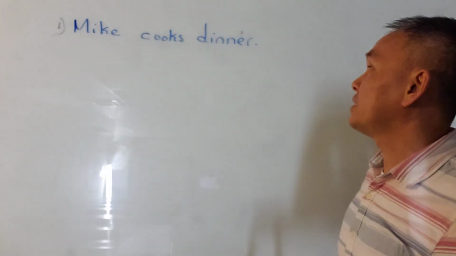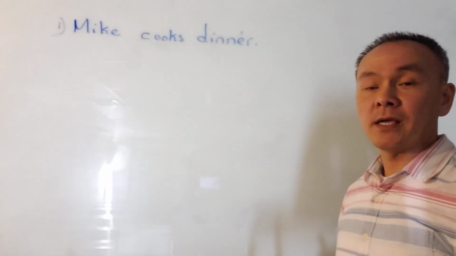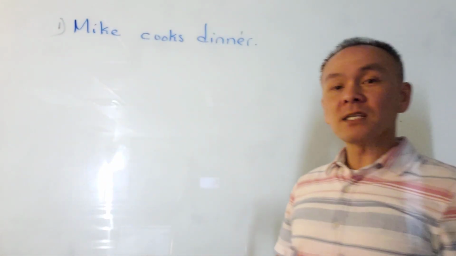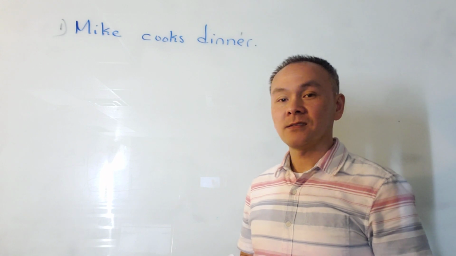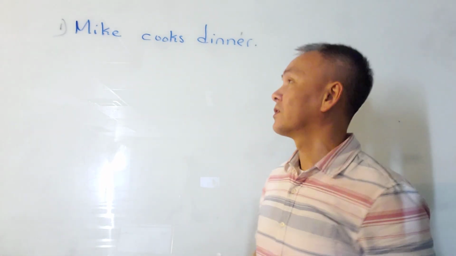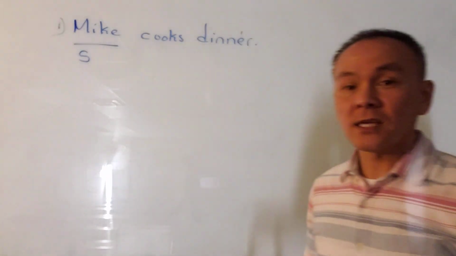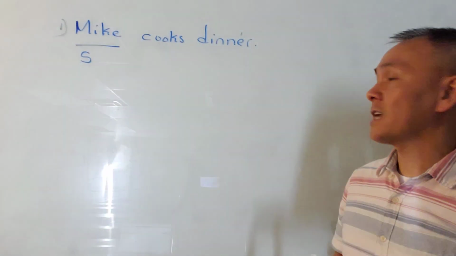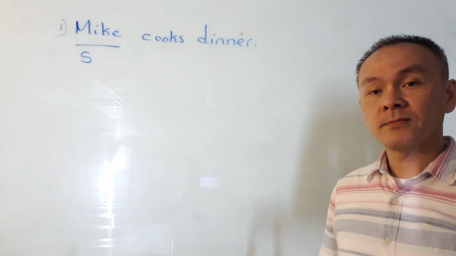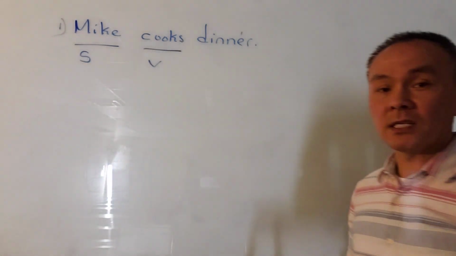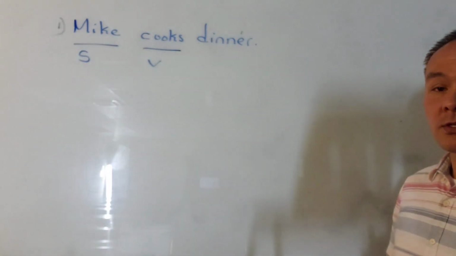Mike cooks dinner. Tell me the subject. Good. If you say Mike is the subject, you are good. Tell me the verb. Great. If you say cooks is the verb, then you are correct.